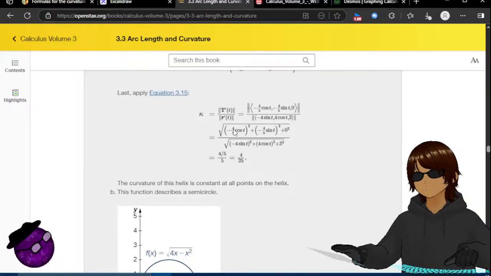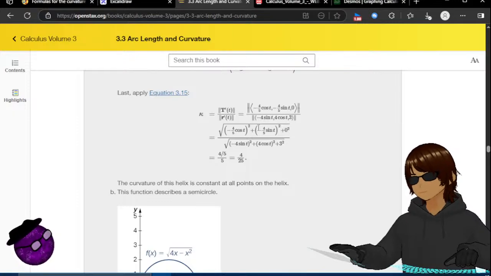So 4 times 4 is 16. 5 times 5 is 25. 16 over 25 plus it with 16 over 25. Hold on.